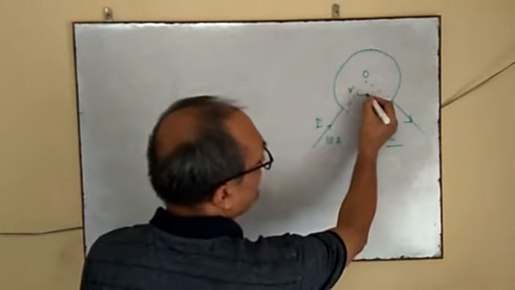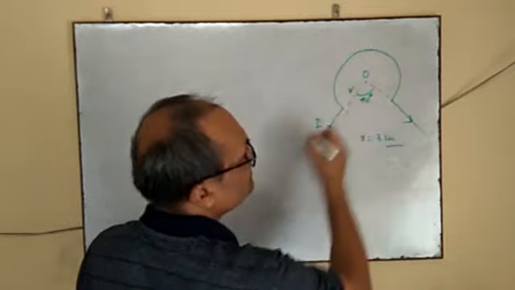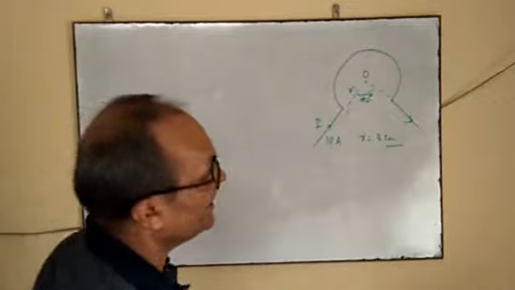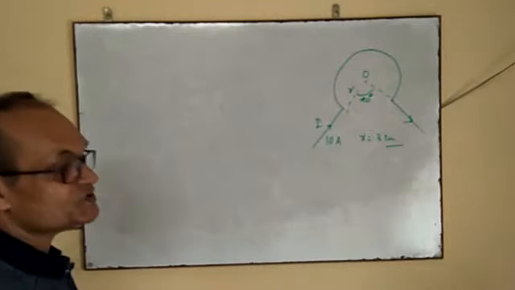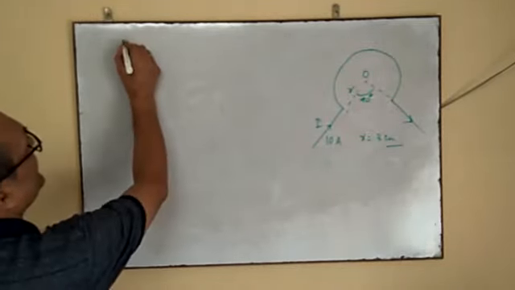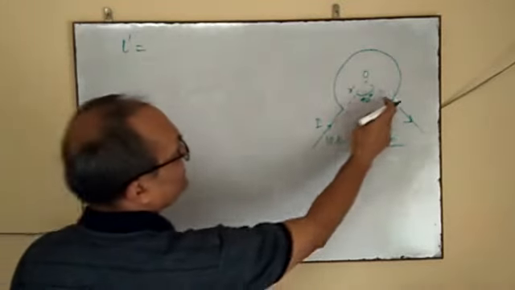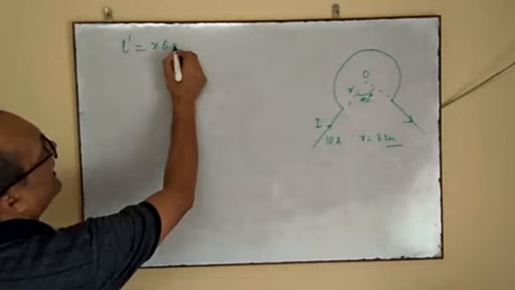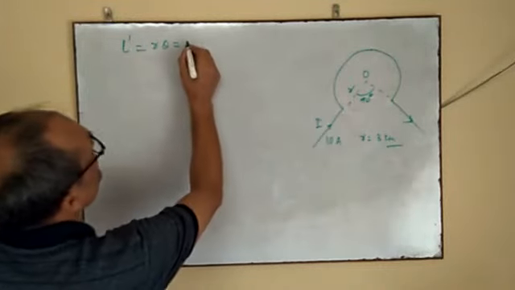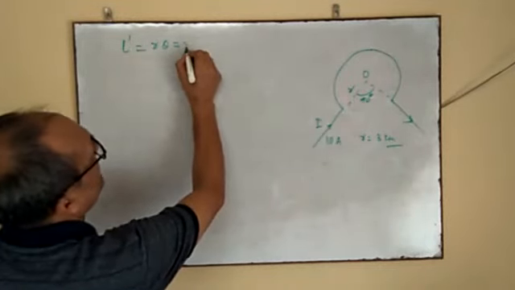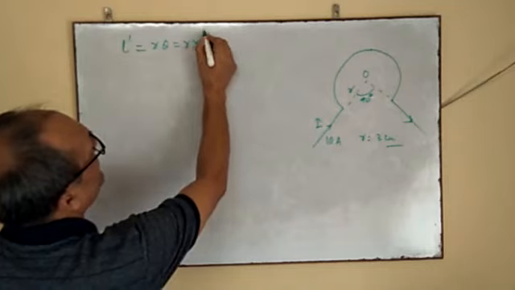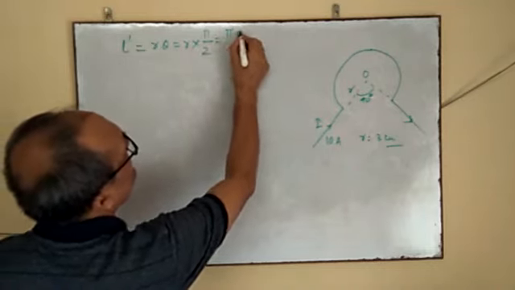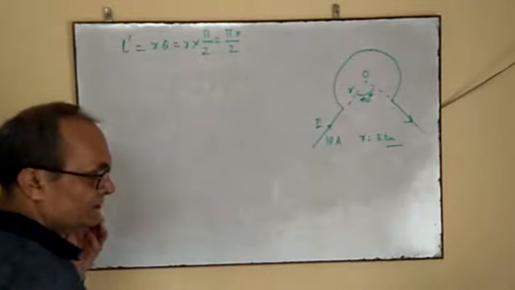If this angle is 90 degrees, then we can find this portion according to theta equals L by R. So length L dash equals R theta, and theta equals 90 degree, pi by 2. So we can say R into pi by 2, this is pi R by 2.